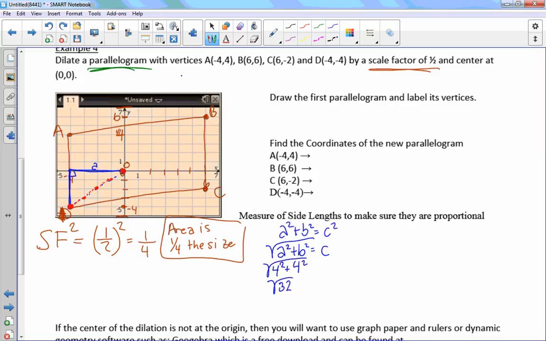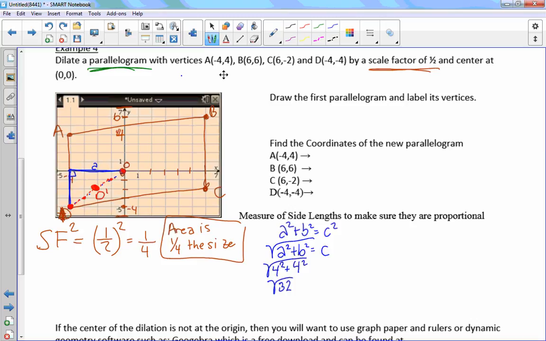If we times that by our scale factor 1/2, that's 4 times 1/2. 2, because timing by 1/2 is the same as dividing by 2. So our new D is going to be right here, D prime. So I went down 2 diagonals.